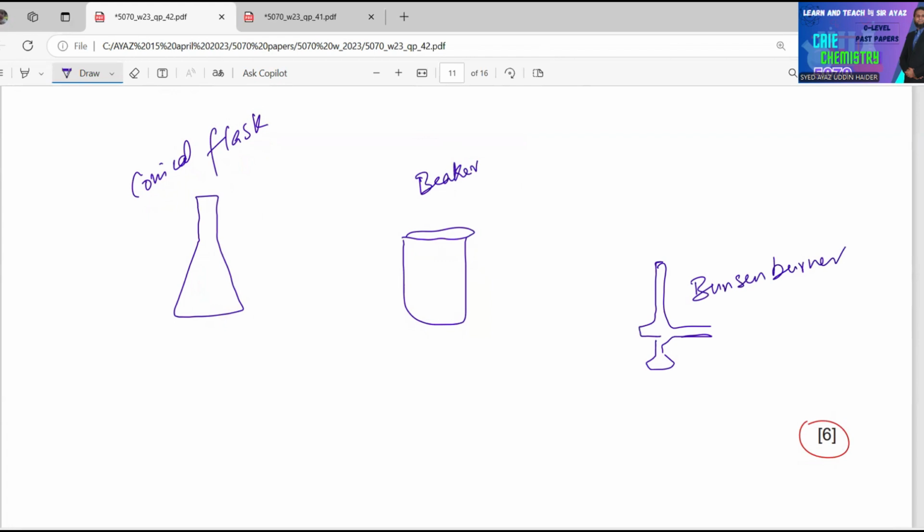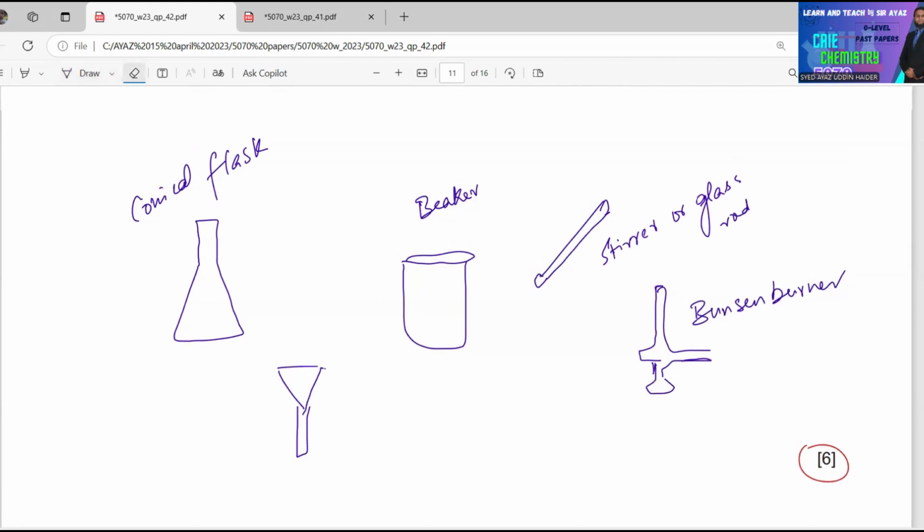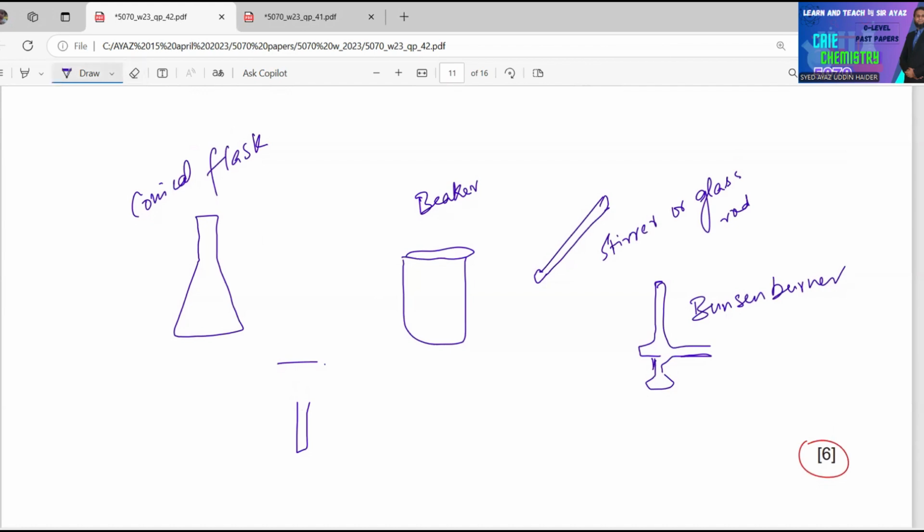Also, if you want, you can draw the glass rod for a stirrer. For filtration, you're using a filter funnel, so you can draw the filter funnel. Let me label it. These are all the options you have for this question.